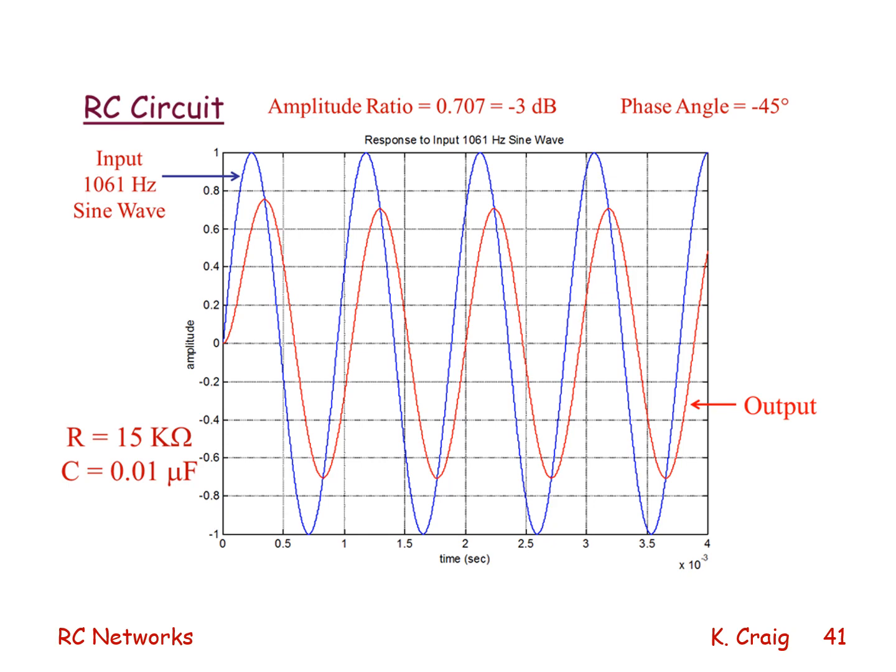In the time domain, if I input a sine wave at the bandwidth, 1061 hertz, which you see here in the blue curve, I wait for all the transients to die away, and I look at the steady state response, the Bode plots tell me that the amplitude of the output sine wave will be 0.707 of the amplitude of the input sine wave.